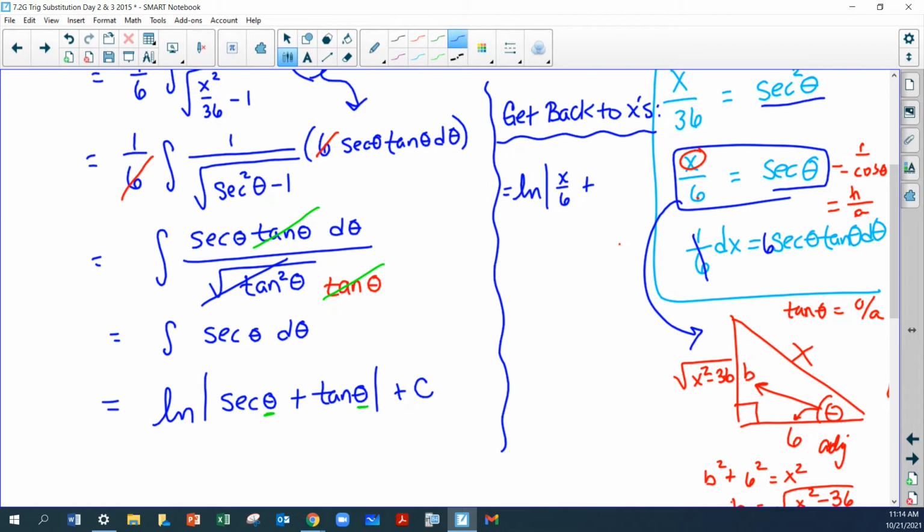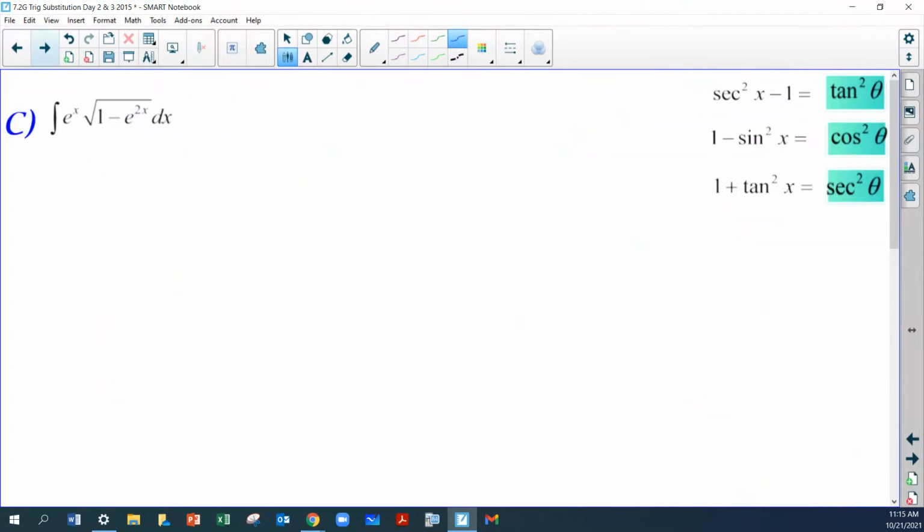So it will be square root of x squared minus 36 over 6 plus some constant. Wish I had a bigger screen so I could write more clearly on here. But that is solved. And you can just see the complexity in it. Nice problem. All right, let's go on and do another.